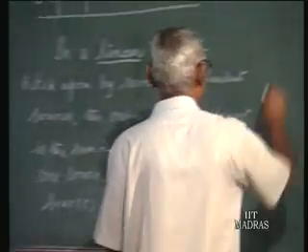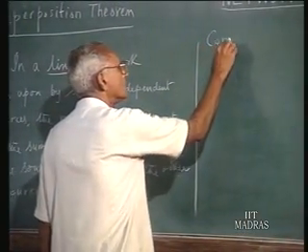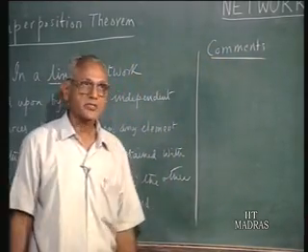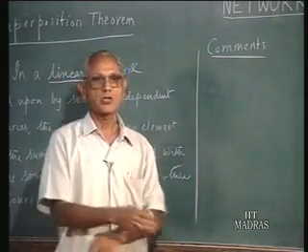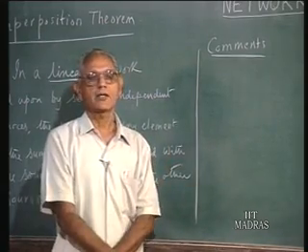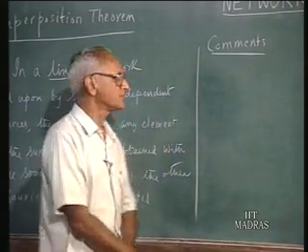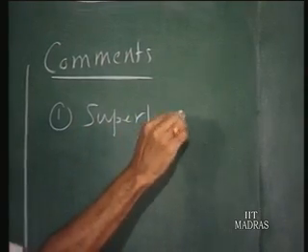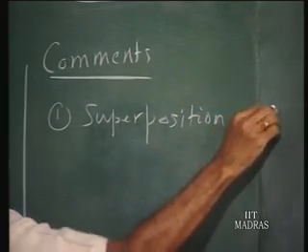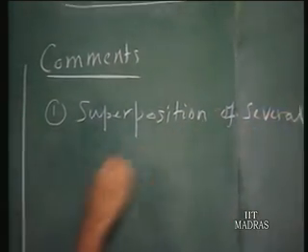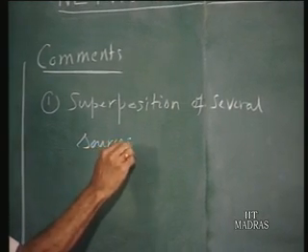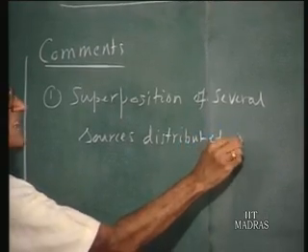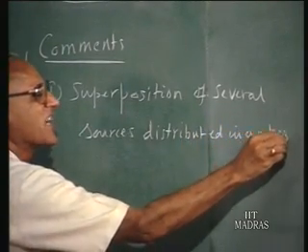So, comments on this. When we talk about superposition, you may have several sources distributed in the network, and then you take one source at a time. It can be superposition of several sources distributed in a network. So each source you take at a time.